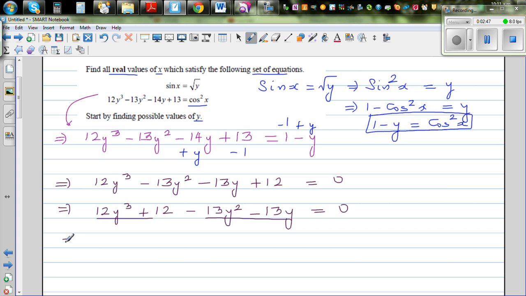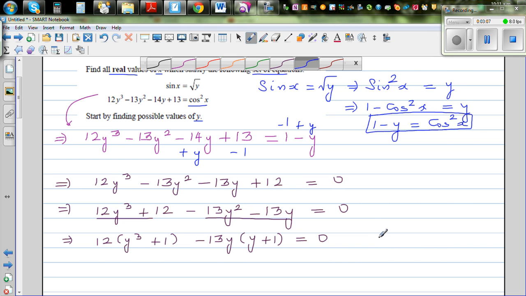So factor out 12, you have y cubed plus 1, and if you factor out minus 13y, you have y plus 1, is equal to 0.